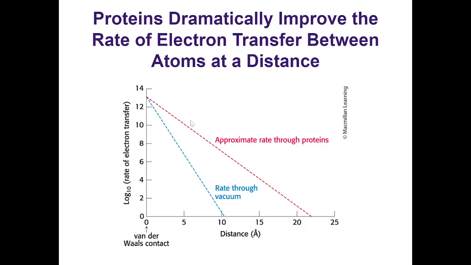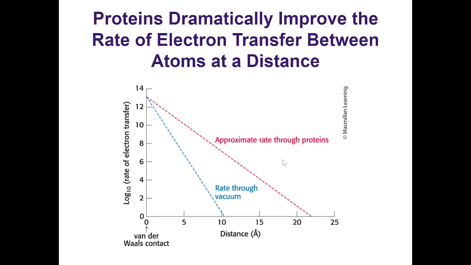If we didn't have these, it would be a big, big problem being out of van der Waals contact. So again, this is a log 10 rate of electron transfer. On these things like electron transfers, by the way, binding, all those things, if it's not a logarithmic scale, then something's wrong, okay? You're really looking at something weird.